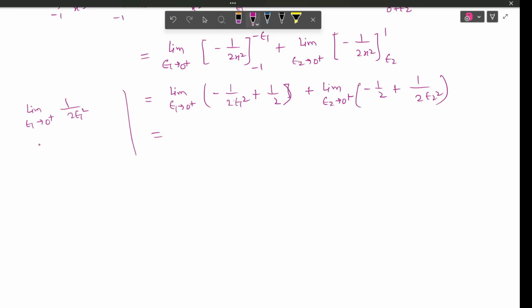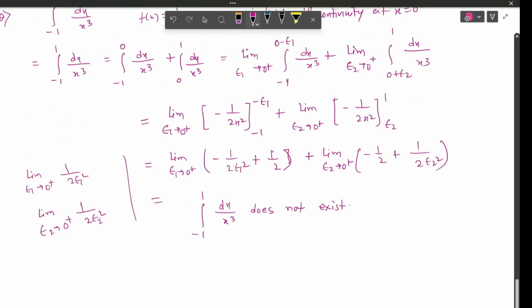And similarly the limit as epsilon 2 tends to 0 plus of 1 by epsilon 2 square also does not exist, because 1 by 0 plus would be infinite. So we can say that the integration from -1 to 1 of dx by x cube does not exist.